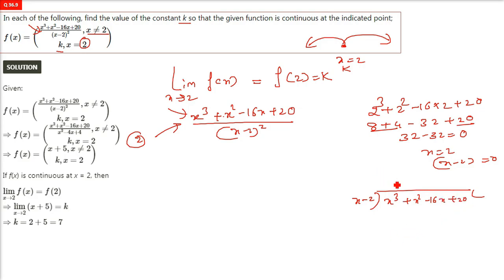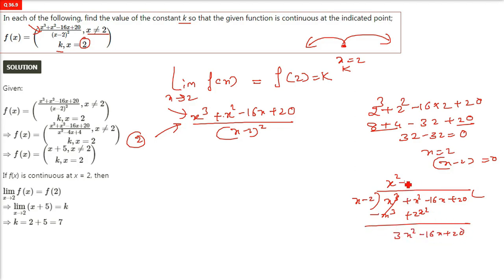This is x square multiplied by x, so that you get x cube. This is simple division of algebraic expressions. So x square multiplication gives x cube minus 2x square. Now subtract these, change the sign and subtract. So you will get 3x square minus 16x plus 20.